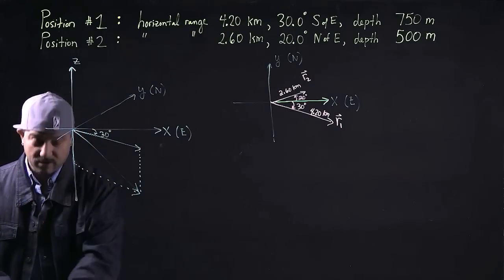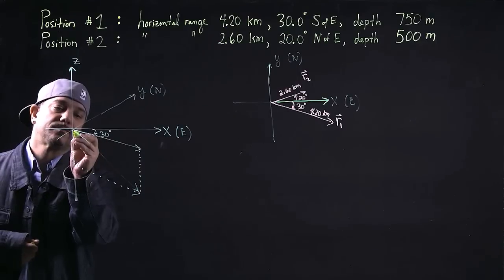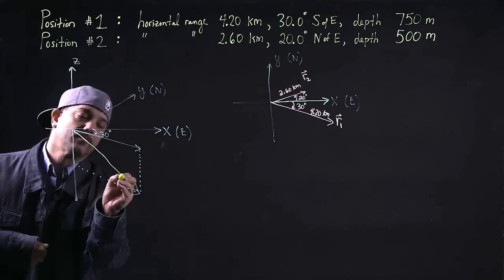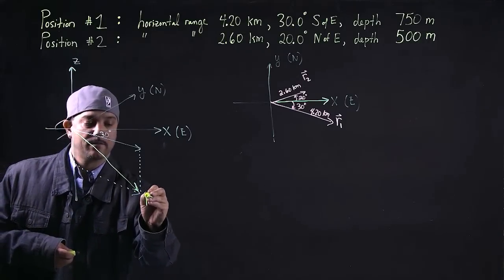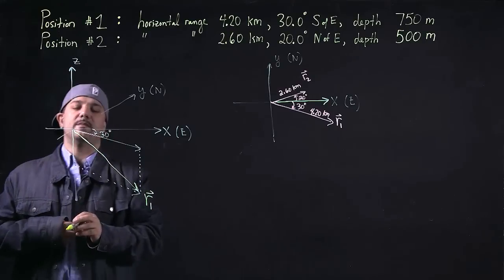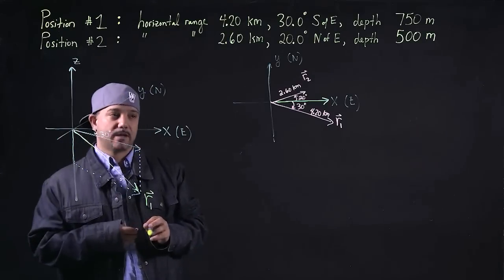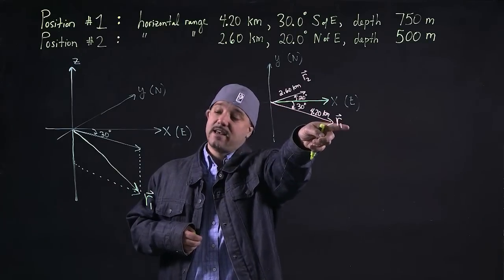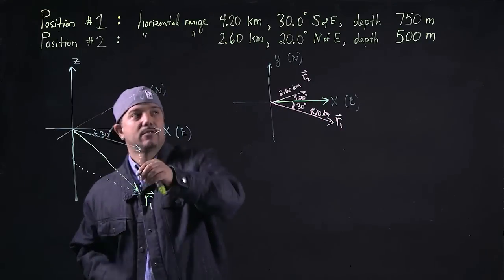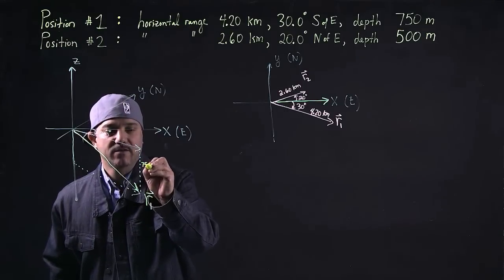Let me use a different color. All right, so that's R1, the three-dimensional version of R1. Think of this as the distance along the surface, and then we go down 750 meters.